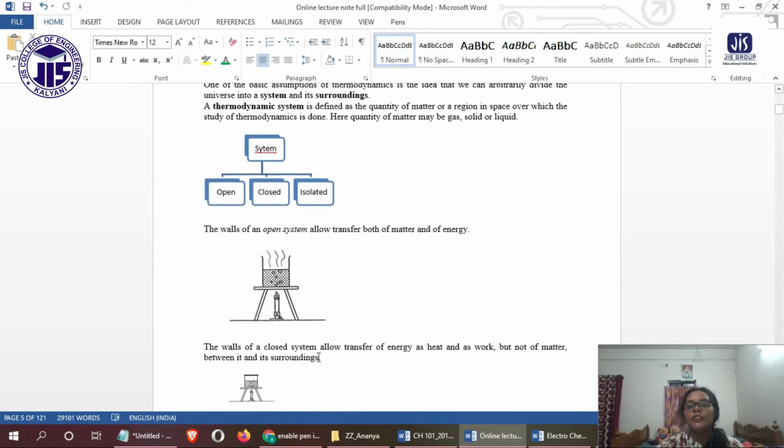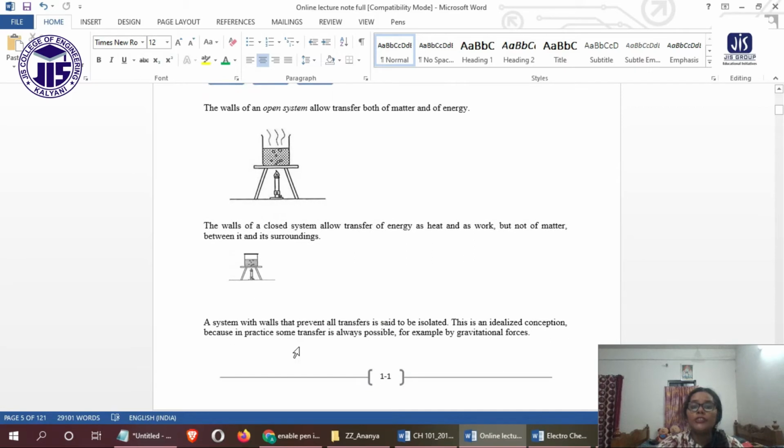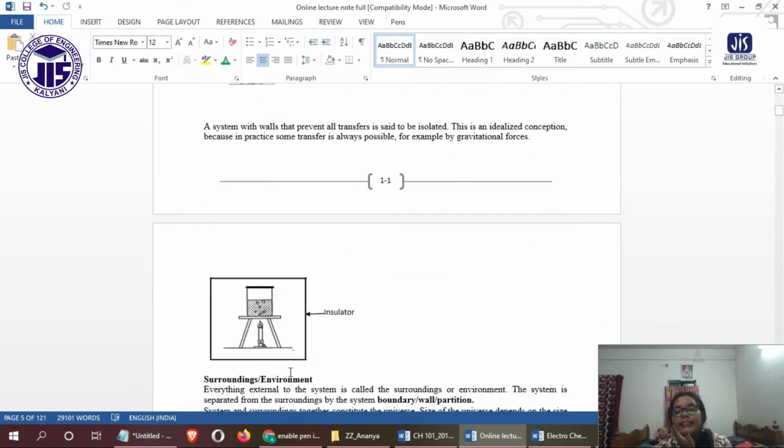Open system means mass and heat both can be transferred to the surroundings. In a closed system, the wall allows transfer of energy, heat can be transferred, but no matter will be transferred. That means the mass will not be transferred.